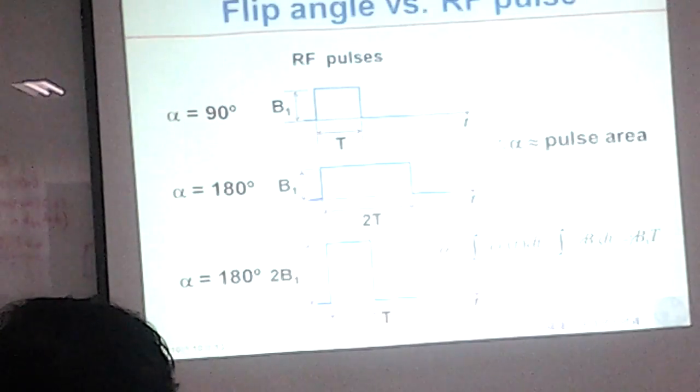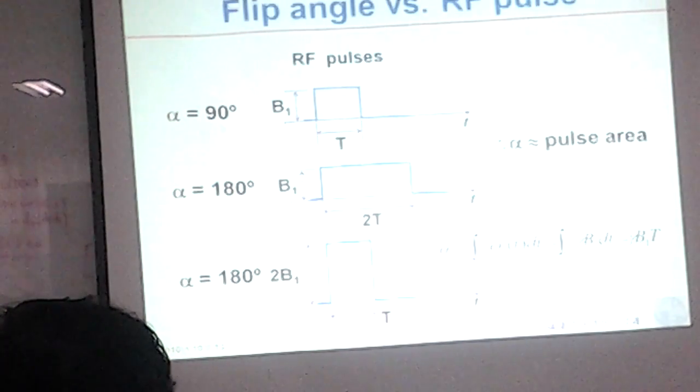Or if the field strength is 2 times with the same pulse width, then it's also a 180 RF pulse. From these figures, we can say that the RF pulse flip angle is determined by the pulse area.